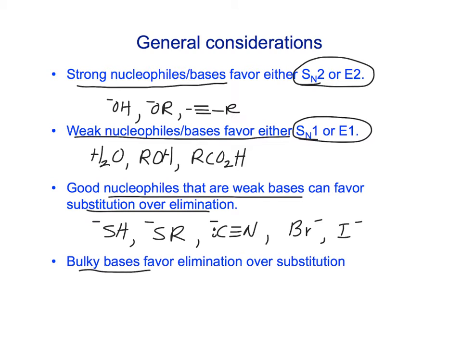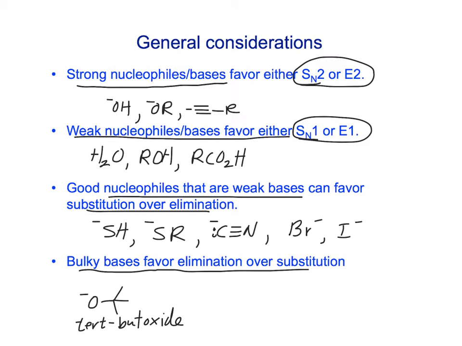Bulky bases favor elimination over substitution. So kind of the prototype bulky base is this one here. This is called tert-butoxide.